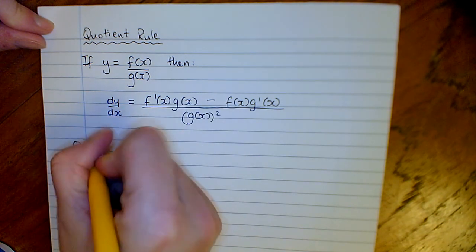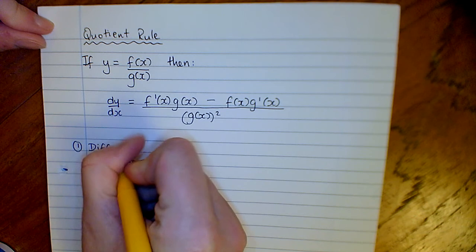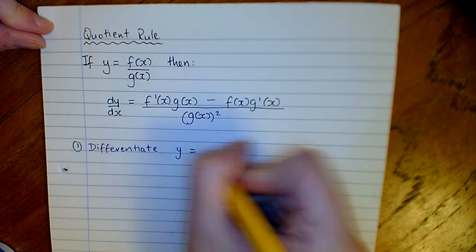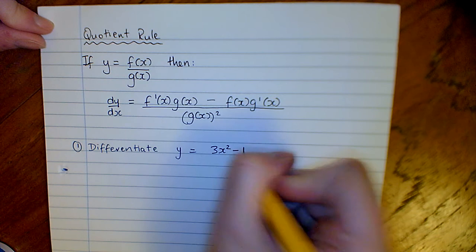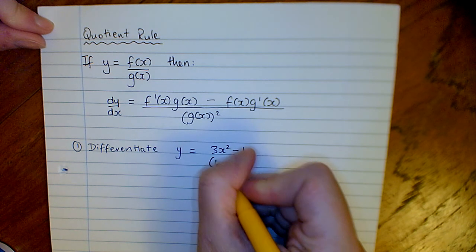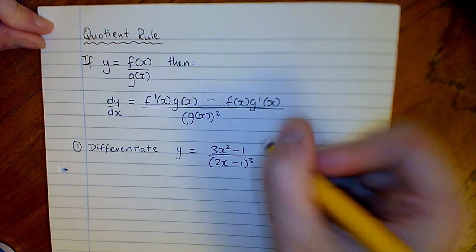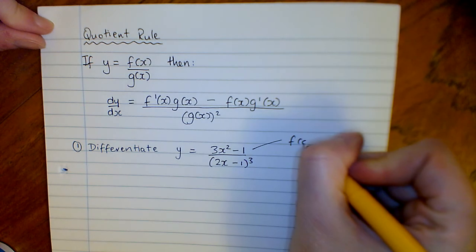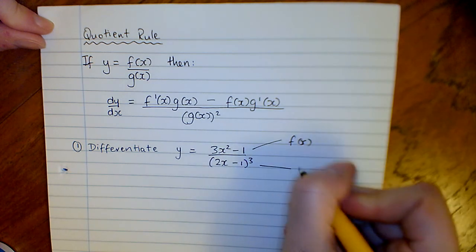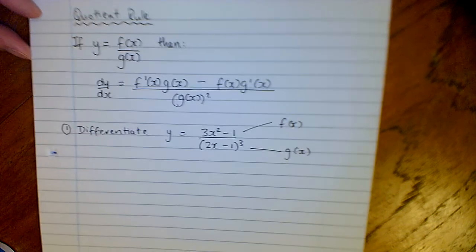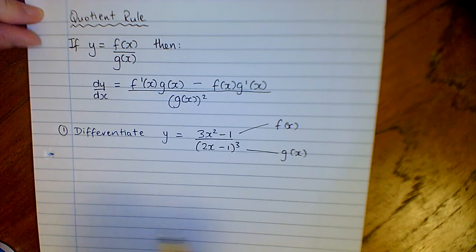So first example then, differentiate y equals 3x squared minus 1 over 2x minus 1 all cubed. So this is our f of x, and this is our g of x then in the formula.